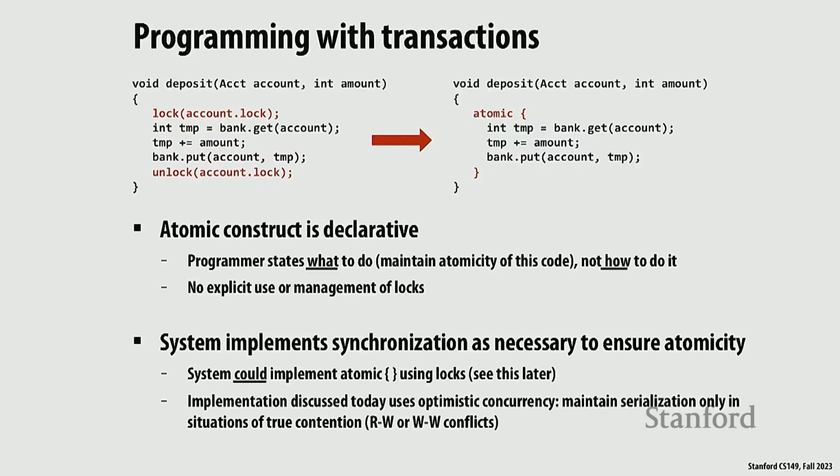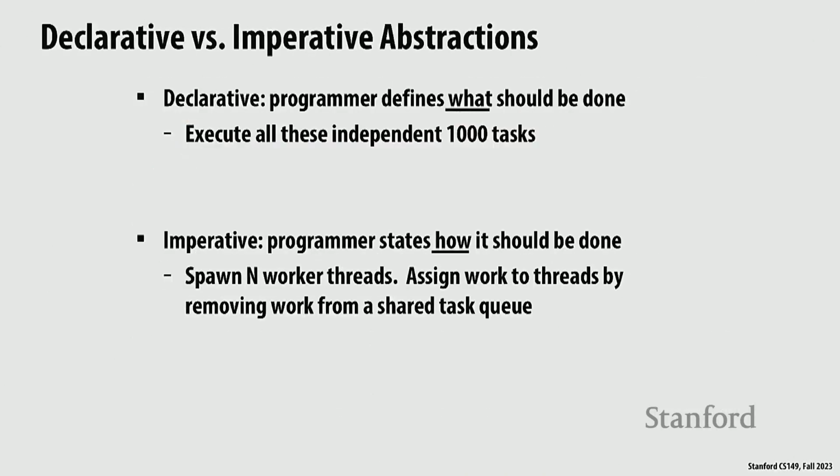Your interface is this atomic declaration. And then, of course, how exactly it gets implemented and how you make sure that you get good performance is the subject of the rest of the lecture. But it's important to note that atomic is this declarative abstraction. You say what you want, not how to get it. And we've seen this in the past.